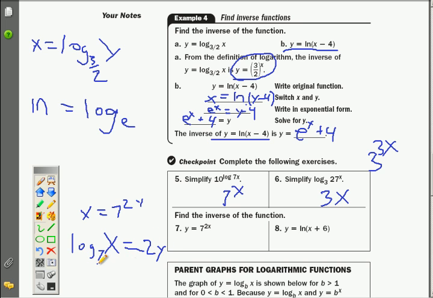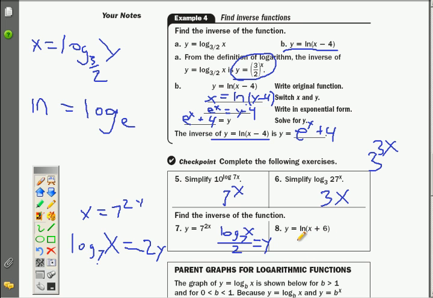Remember, 7 to the 2y equals x. Then if I divide log base 7 of x by 2, that's going to give me my y.